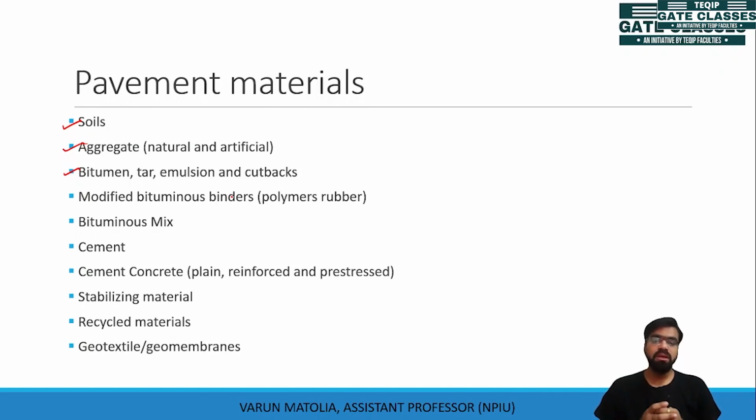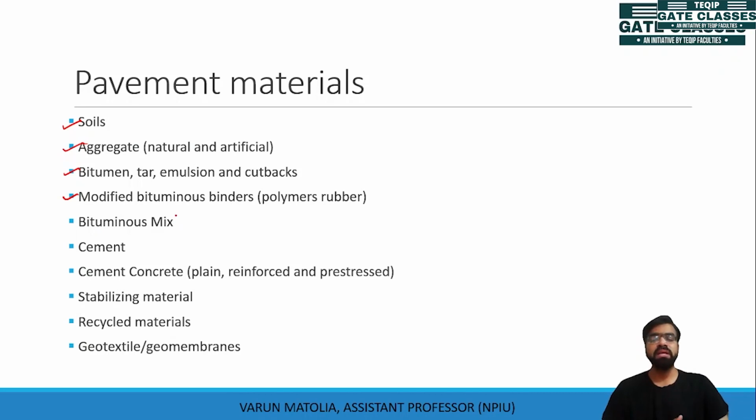For example, if waste tires are added, then we call it rubber modified binder. If waste material is added like plastic, we have a different kind of binder. So we use some kind of polymer, some kind of additives in order to enhance the quality of binder. So these are known as modified bituminous binders.